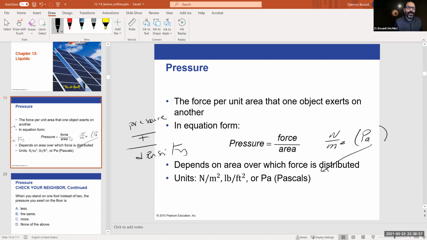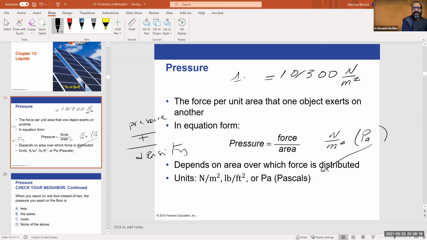I mean, per square meter, I'm sorry. So the atmospheric pressure is 101,300 newtons per meter squared. That is what you and I are carrying on our shoulders. It's a lot of weight, actually, and that is the weight of the air that is above us. This one is called 1 atmosphere.